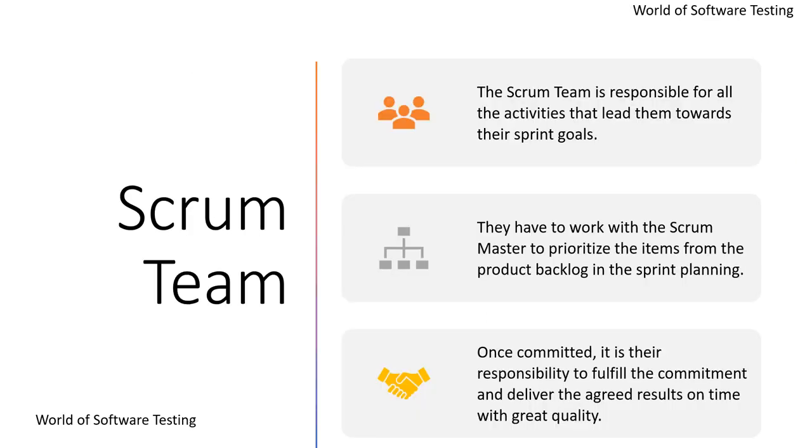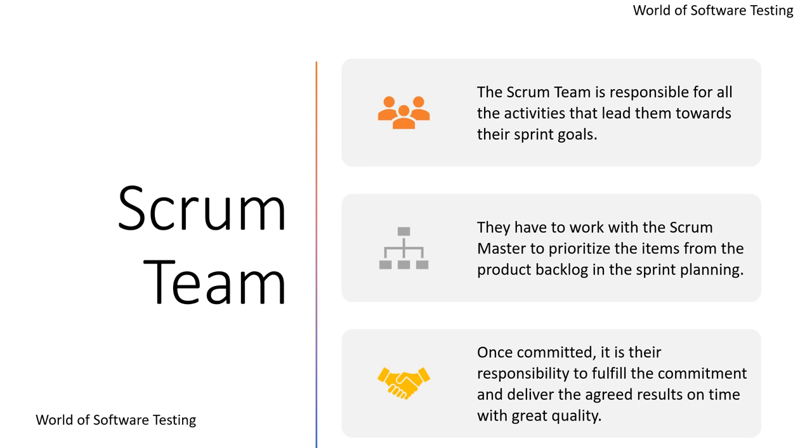Now let's discuss what the Scrum team is. The Scrum team is basically responsible for all the activities that lead them towards their sprint goals. They have to work with the Scrum Master to prioritize the items from the product backlog in the sprint planning meeting.